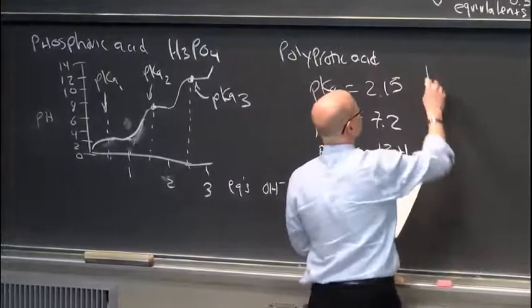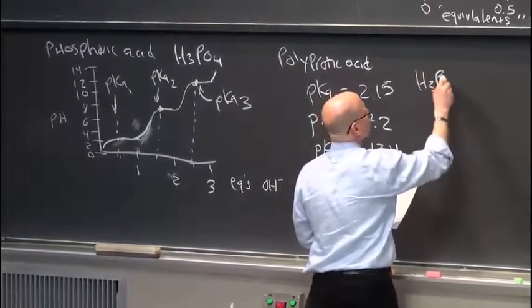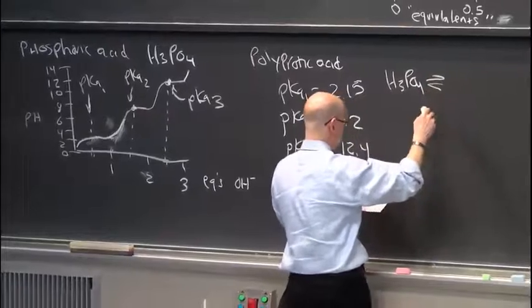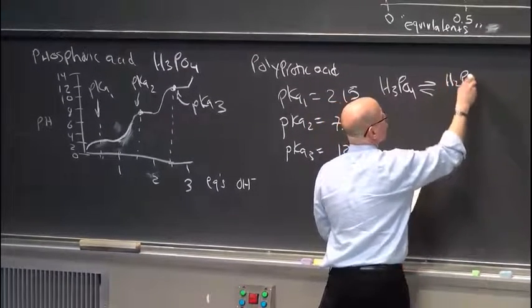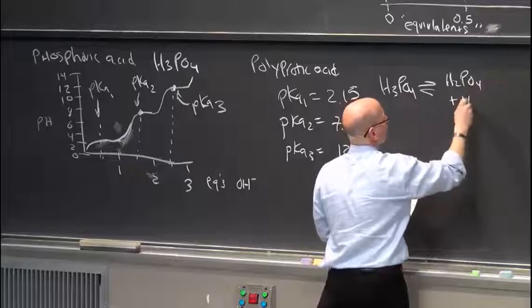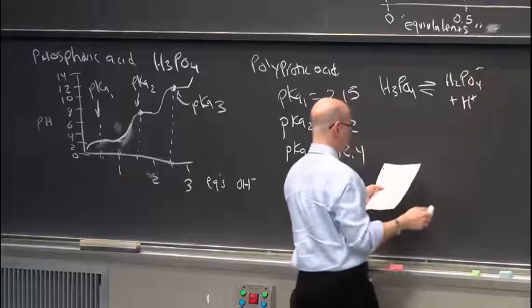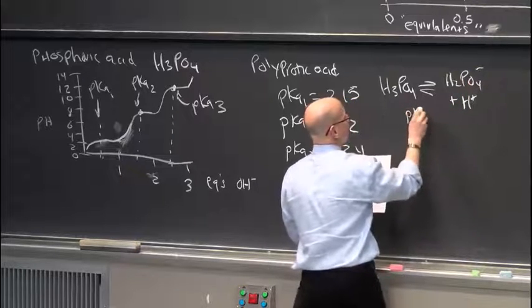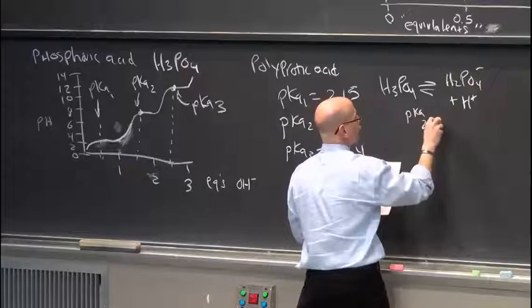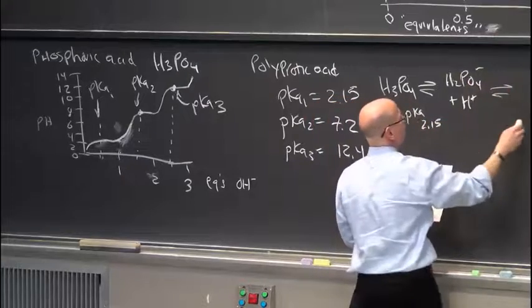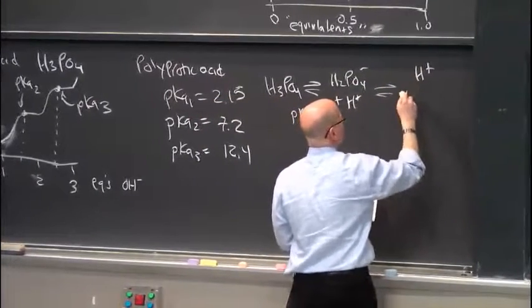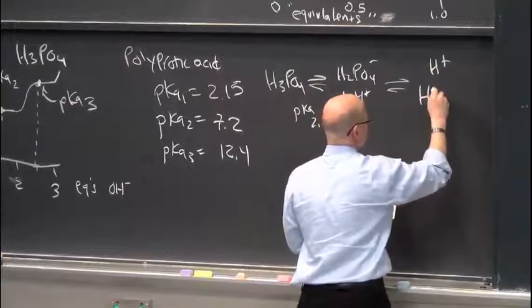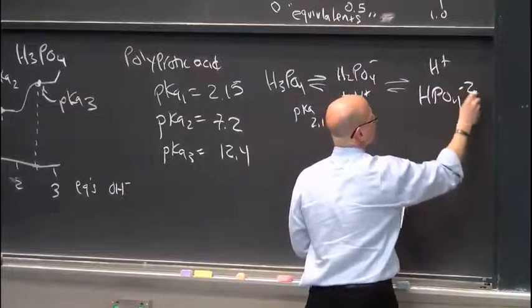I have H3PO4, which has its first pKa when I get H2PO4 plus a proton, single negative charge. And this pKa is about 2.15. And then I have a second reaction, which gives rise to a proton, and HPO4 minus 2.